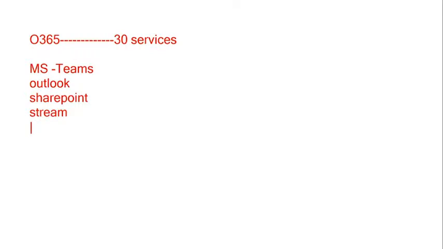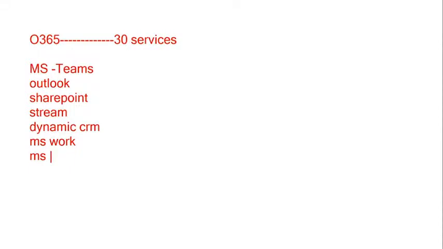Also we have Dynamics CRM, MS Word, MS PPT, Outlook, everything. All these components are managed by Microsoft. You need not install all these components on your device. Everything can be accessed in the browser itself.